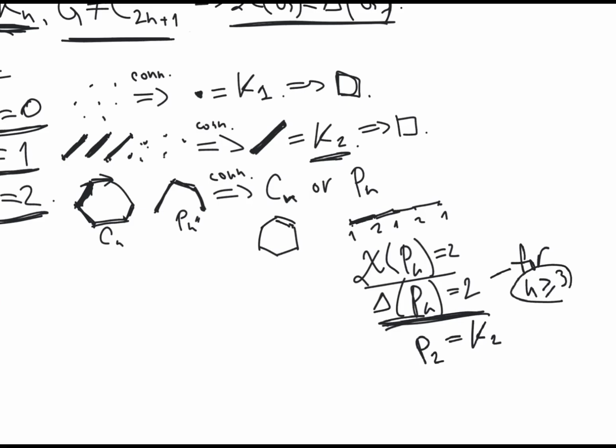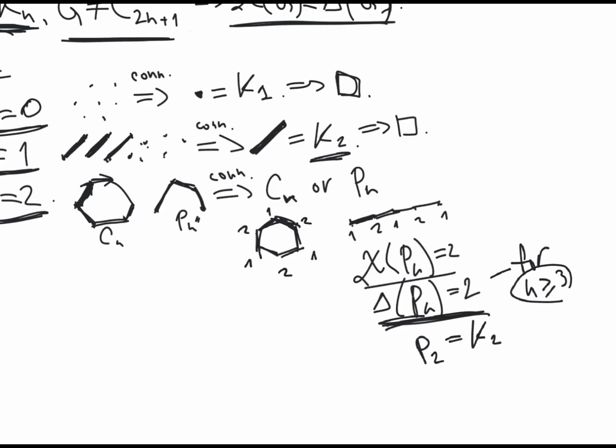So now for cycles, an odd cycle is an exception from the theorem, we don't need to prove anything. So for an even cycle, it is two colorable by alternating the colors.